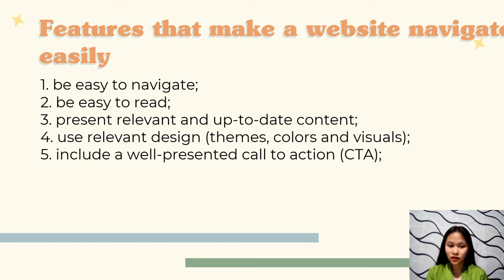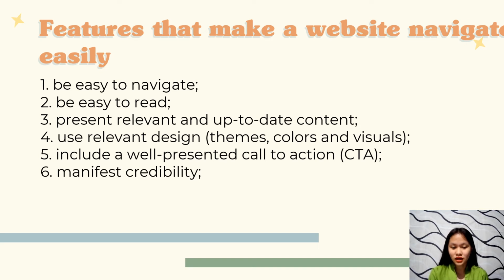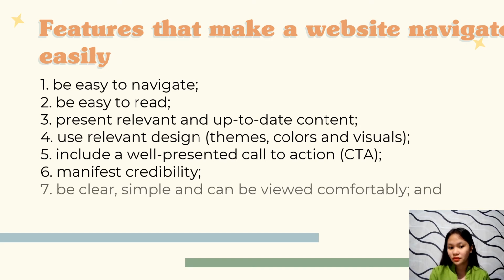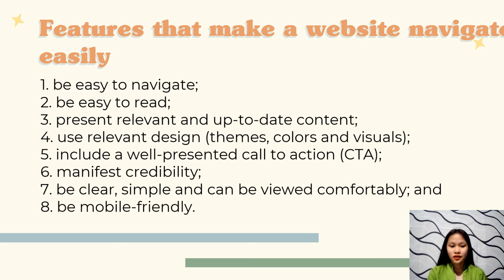Next, we have to include a well-presented call to action or CTA. Next, it manifests credibility, and be clear, simple, and be viewed comfortably. And lastly, be mobile friendly. Did you get it, class?